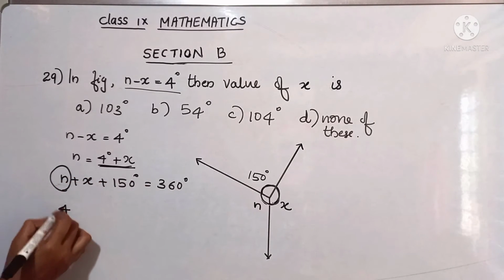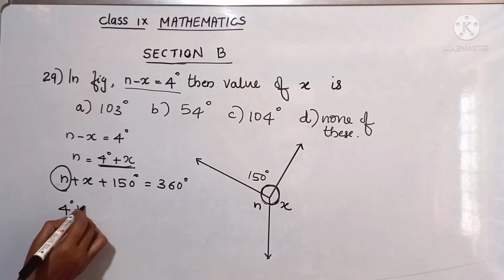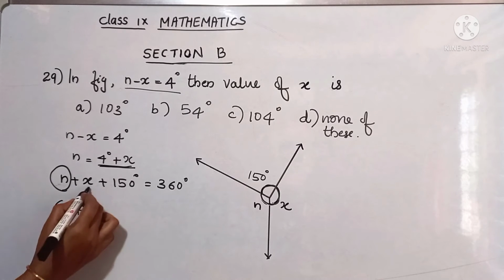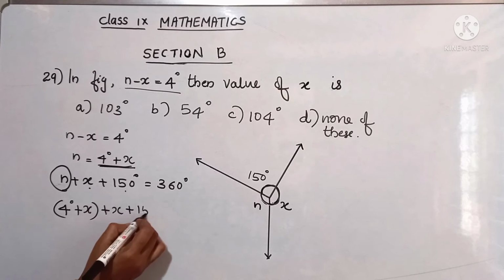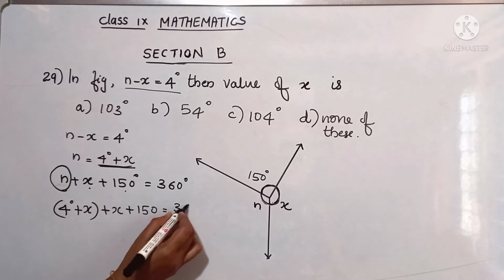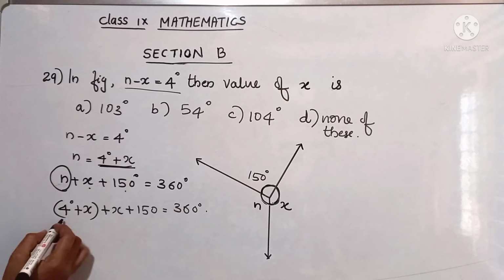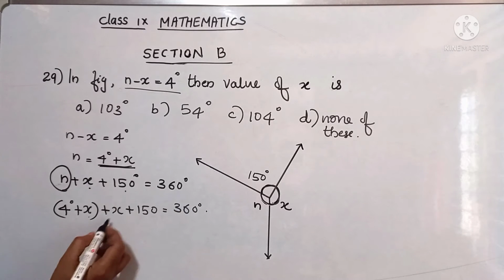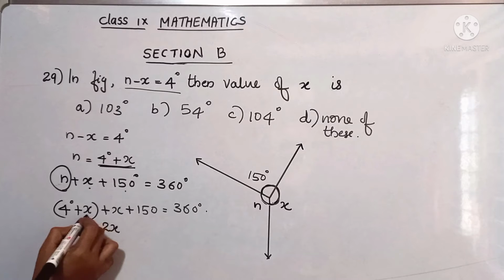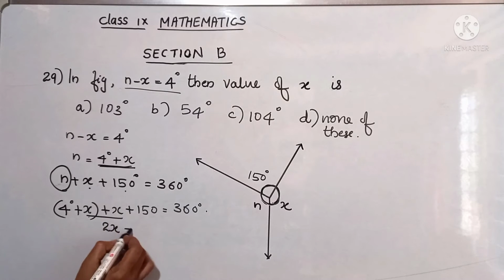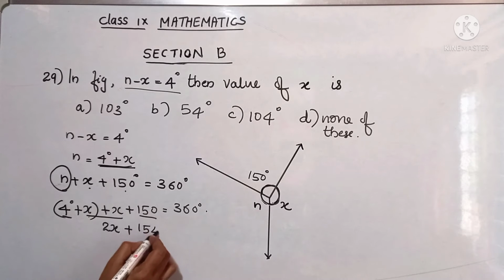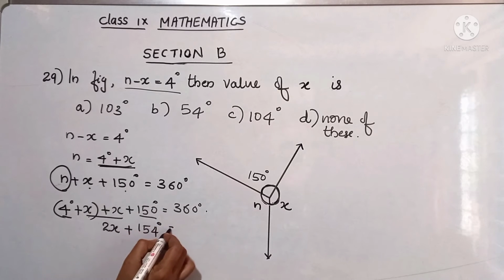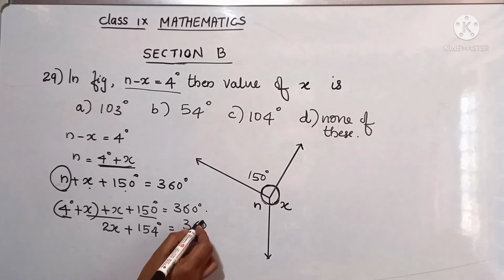That we can write instead of n, 4 degree plus x. Then this x we have to write plus x, then plus 150 is equal to 360 degree. Then add this x plus x, we know 2x. These two we are getting 2x plus 4 degree plus 150 is 154 degree, that is equal to 360 degree.